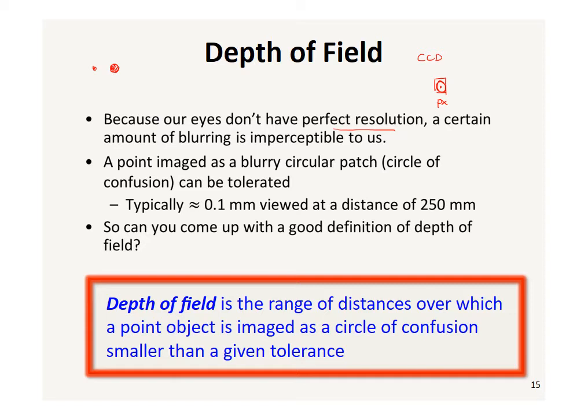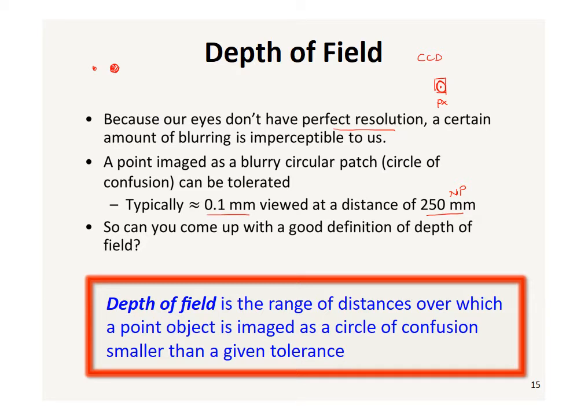So the size of that circular patch depends on the system. If the imaging system is our eyes and we're viewing it at our near point of 25 centimeters, then we can, for example, tolerate a point being imaged as a blurry patch with a diameter of 0.1 mils.